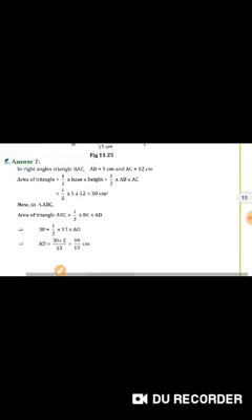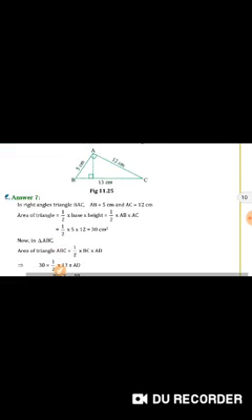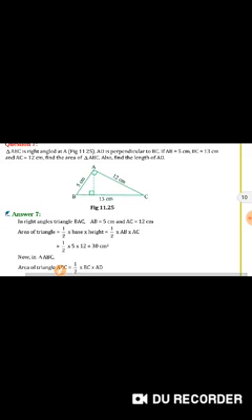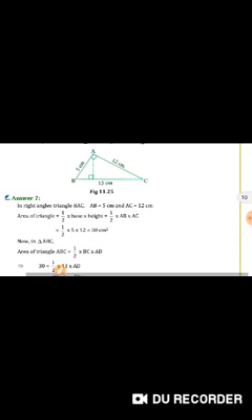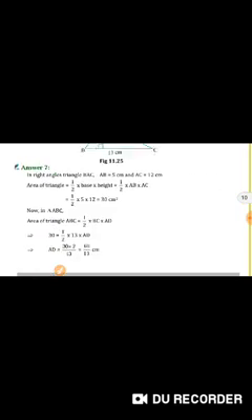In triangle ABD, or else you can take ABC also, same thing. This is also a perpendicular height only, the name D is just the foot.